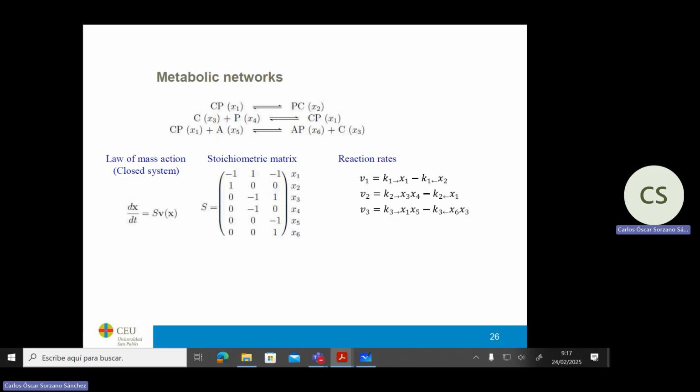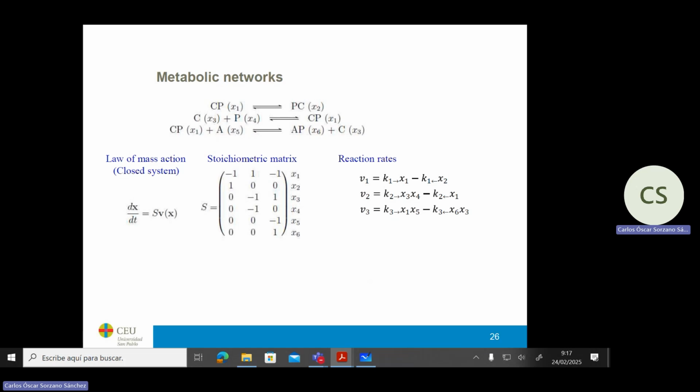And then another approach that is also very much used in systems biology is to try to describe how the concentrations of these 6 species, if you count how many different kinds of molecules we have there, we have 6, will evolve over time.